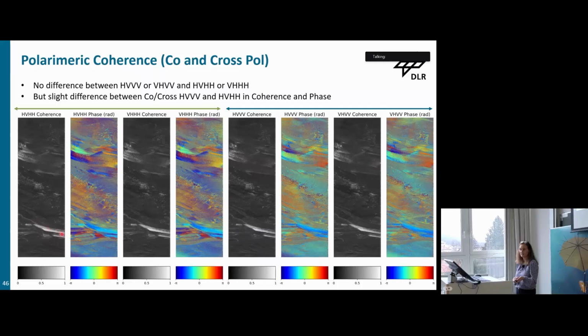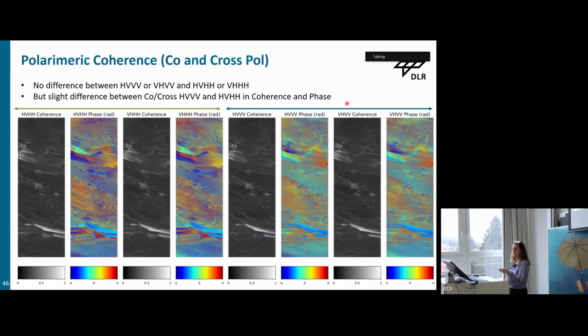You see it here, right, over this region. And if you have higher coherences, then you also have reliable phases. Everything that is dark, the phase is also not really reliable to be interpreted, right? And like this, you have a nice idea. The green arrows are a combination with HH and HV, and this is a combination with VV and VH. You can look into the slides and have a look at this. Yeah, so there are slight differences, but not high differences.